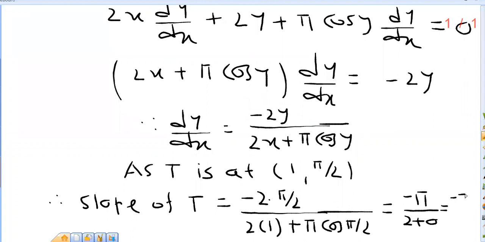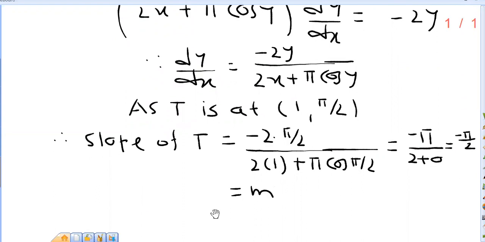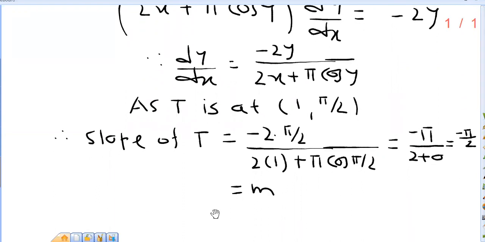Now slope of the line is known. A point on the line is known. So we are in a position to write its equation. Better that we represent this by m. Therefore, equation of tangent: y minus y1.